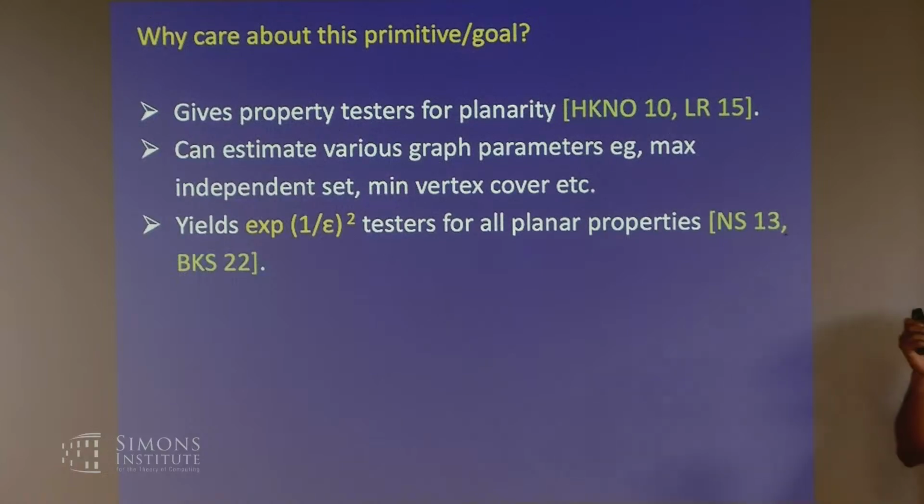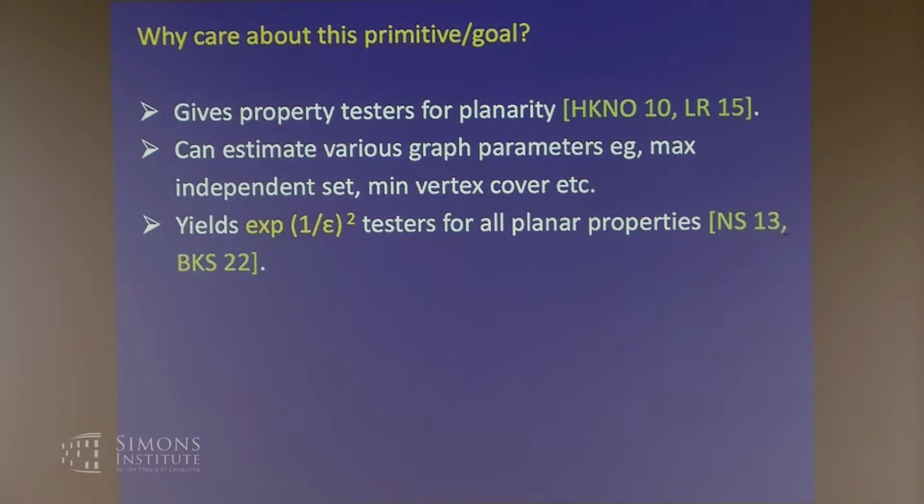Also, as we discussed already, once you have this routine handy, you can use it to estimate a whole bunch of graph parameters. Then in joint work with Sabyasachi and Sheshadri, and also in previous work by Newman and Sohler, we notice that you can use this primitive to obtain testers with query complexity exponential in 1 over epsilon squared for all planar properties.